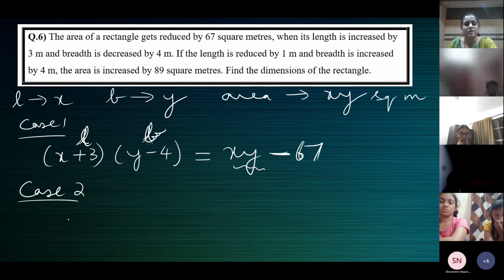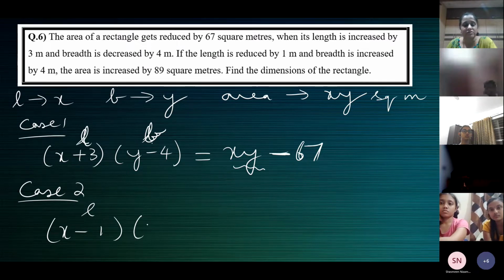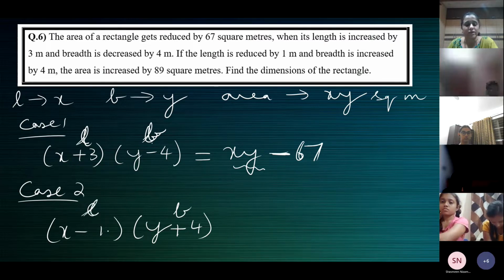The second one: if the length is reduced by 1 meter, the new length is x minus 1. The breadth is increased by 4 meters. This is the original breadth. The new breadth is y plus 4, because it's increased by 4 meters.